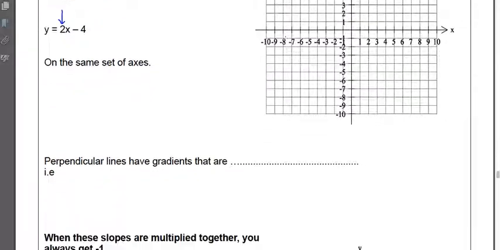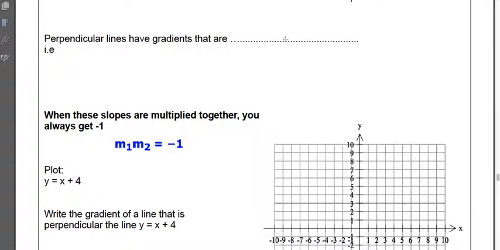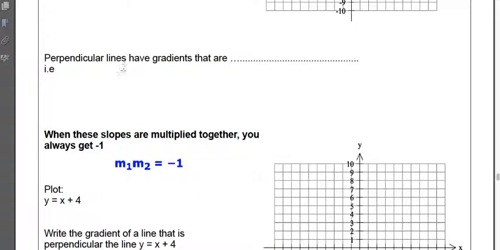If I have a look now at perpendicular lines, this is a little bit different. So perpendicular, if you can't remember what that means, it means we've got a 90-degree angle, or also known as a right angle, between these two lines.